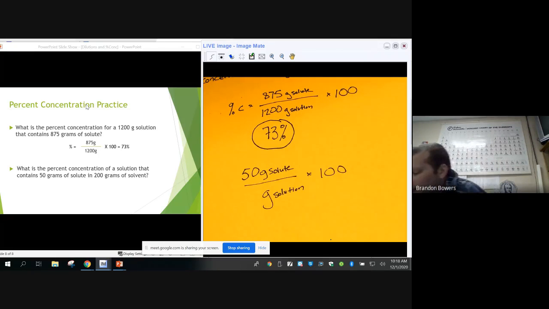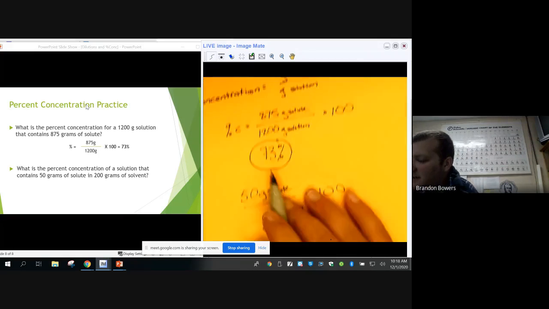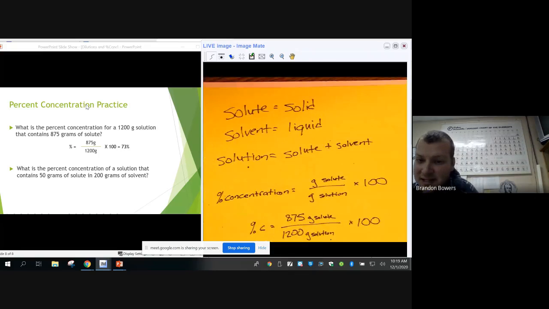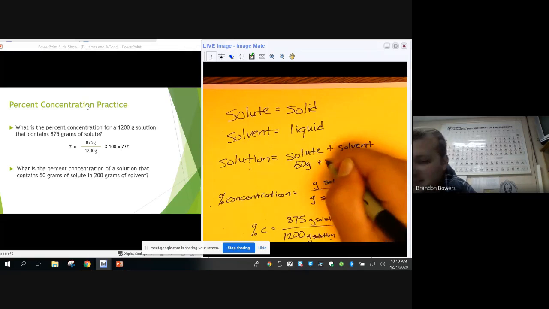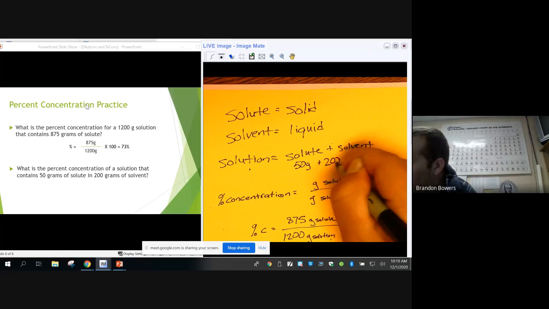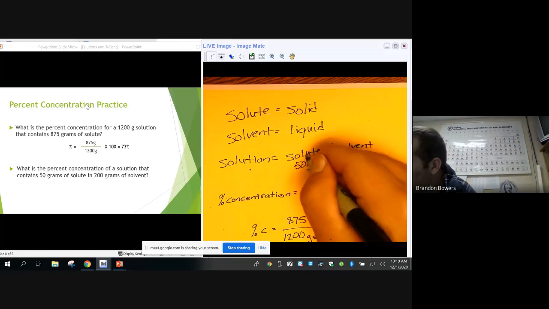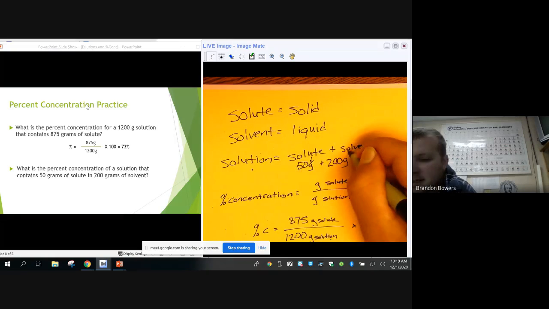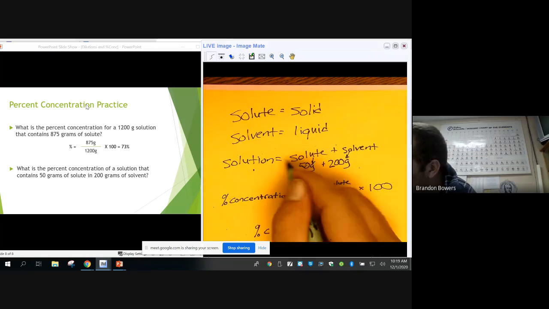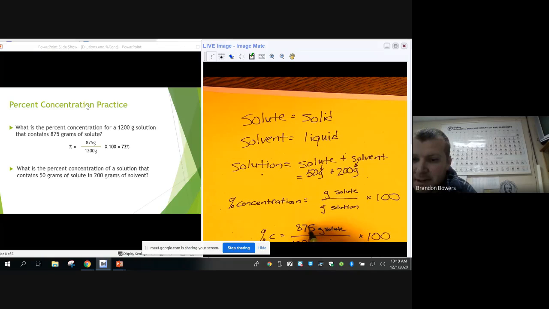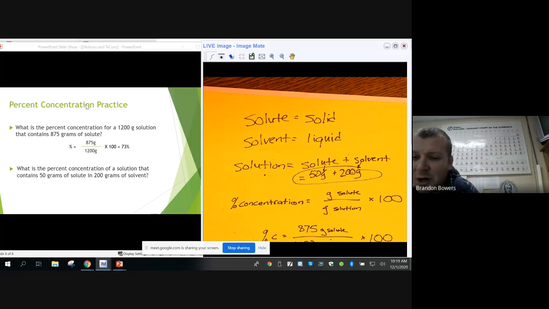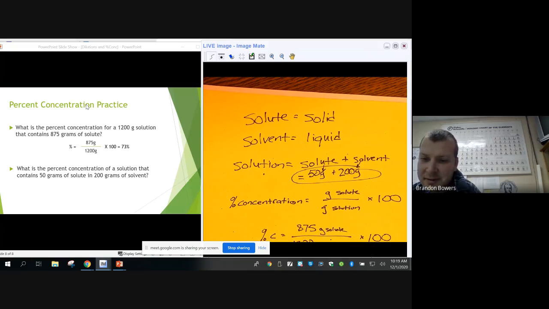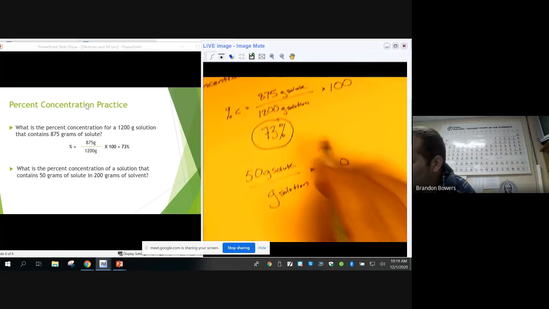It does, however, tell me, I'm going to go up to this. It does tell me I have 50 grams of solute plus 200 grams of solvent, right? So how many grams of the solution do I have? If I know the solute and I know the solvent, well, if I combine those two, I have 250 grams. And that's my solution.